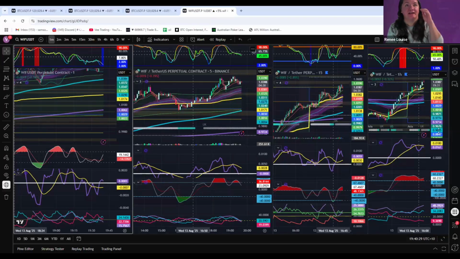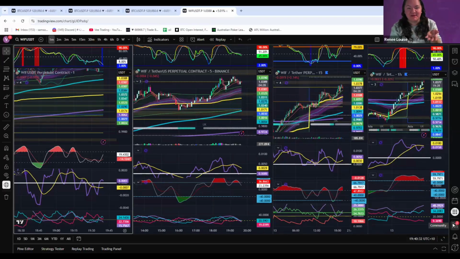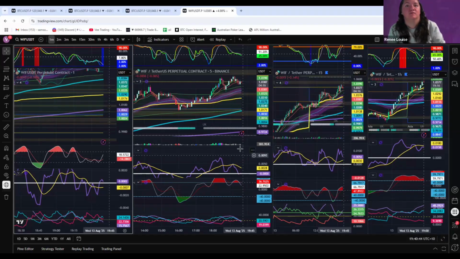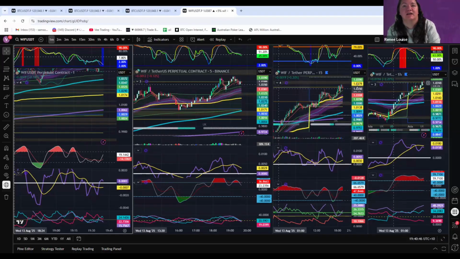I can do my own. So this is my chart, how I trade when I'm doing my day trades. It can be crazily overwhelming, but I can show you basically how we came over that trade yesterday.